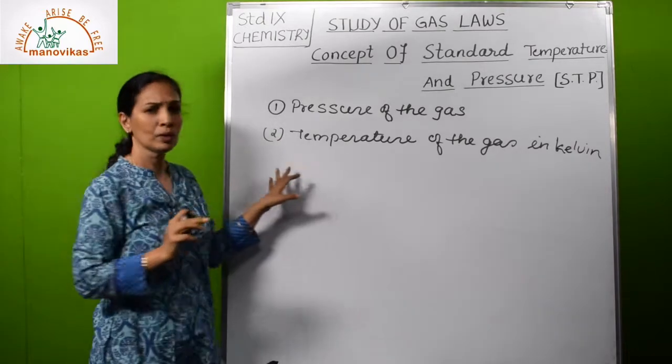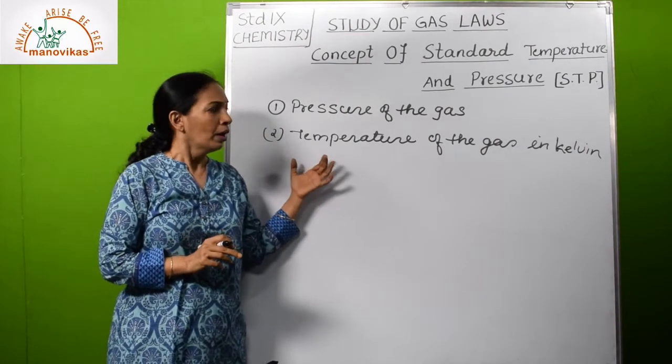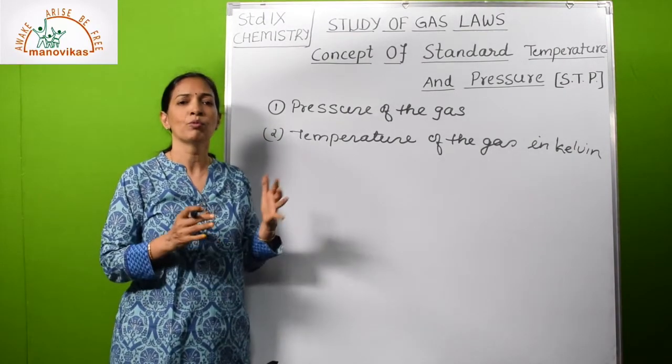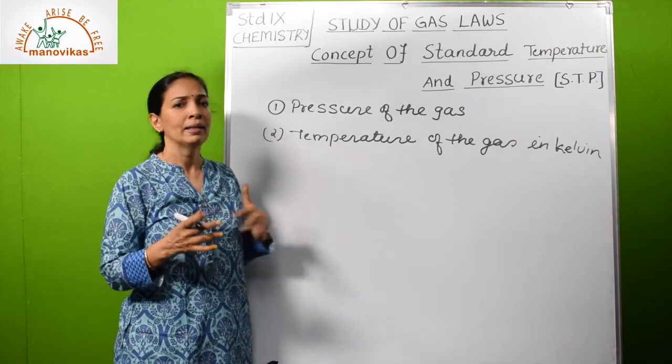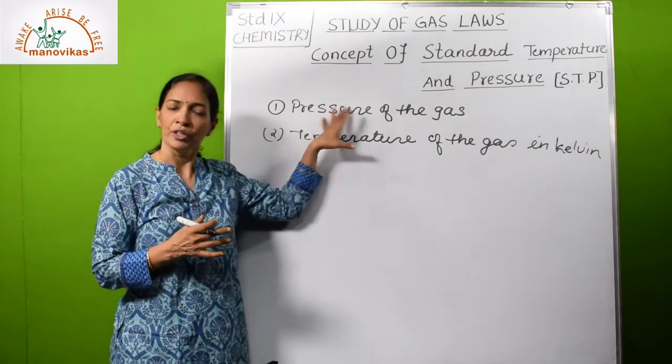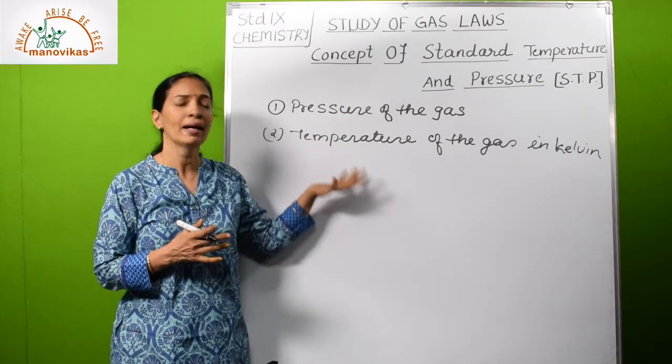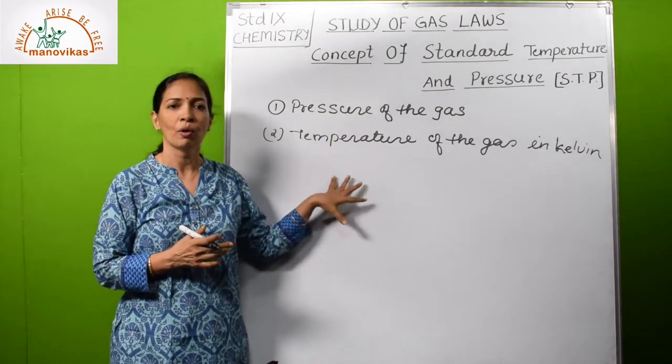So we cannot express the volume of an enclosed mass of a dry gas correctly unless we specify pressure and temperature, or standardize the pressure and temperature of the gas.